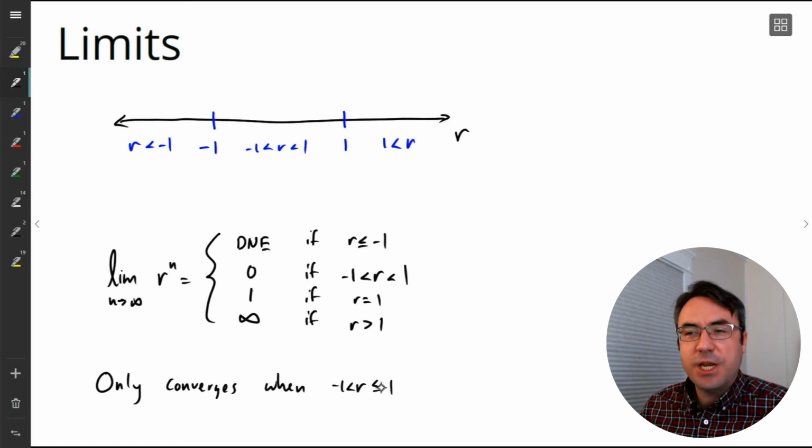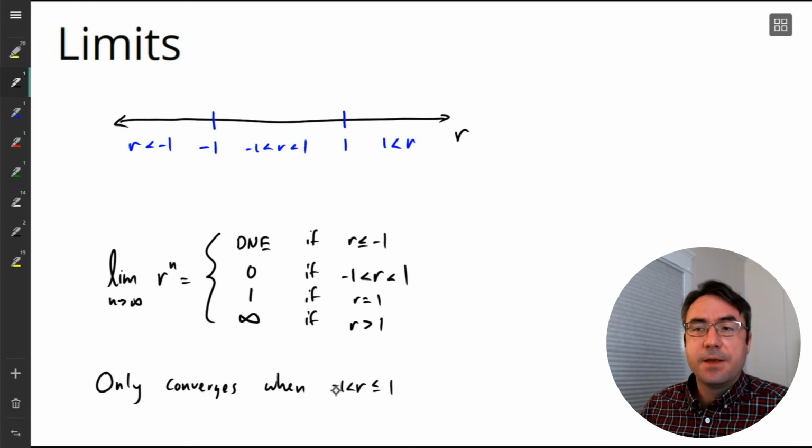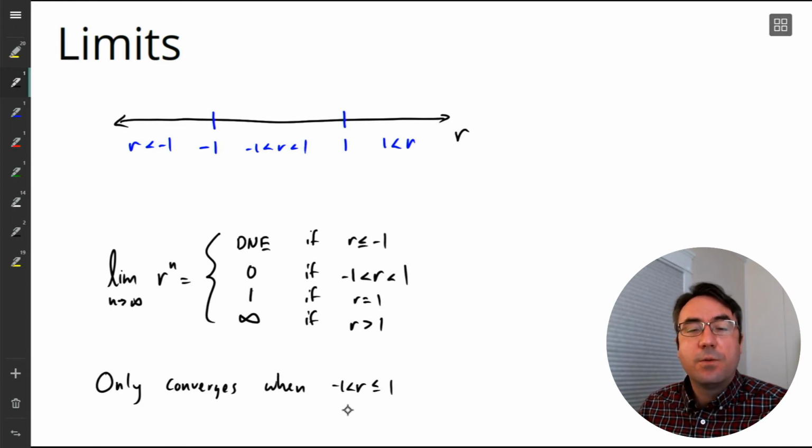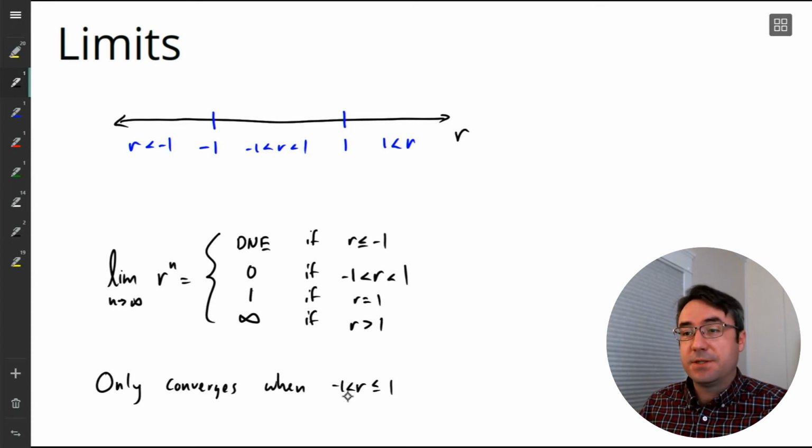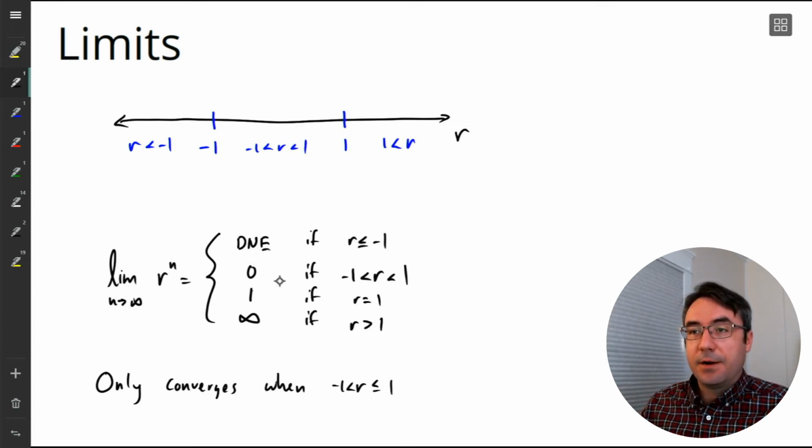The behavior changed slightly at r equals 1, but we still got something convergent. So the limit of this sequence only converges when our r values are between -1 and less than or equal to +1. But -1 gave us a divergent sequence. All right, so these were the different possibilities, so we want to keep these in mind.